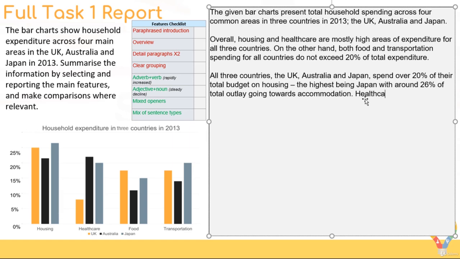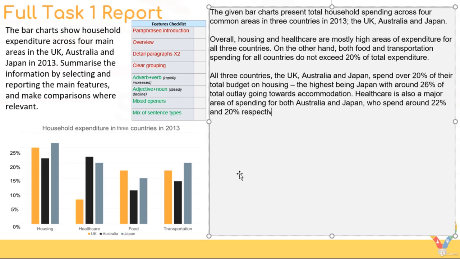Healthcare is also a major area of spending for both Australia and Japan, who spend, how much is Australia spending? Let's say 22, who spend around 22% and 20% respectively.